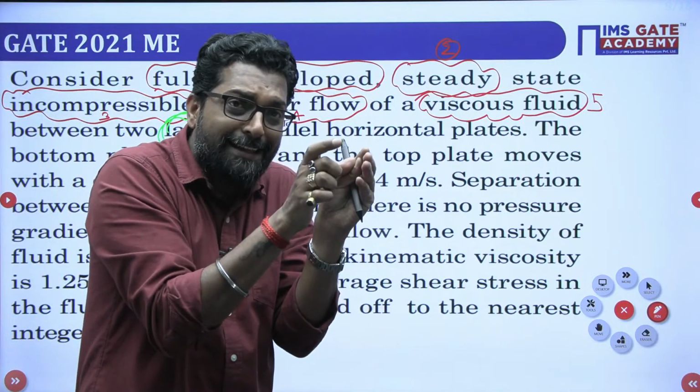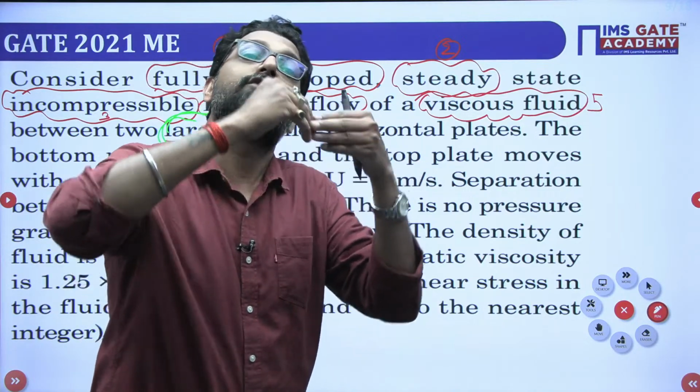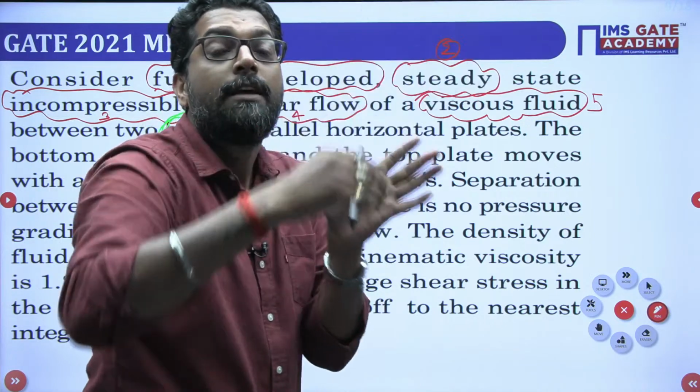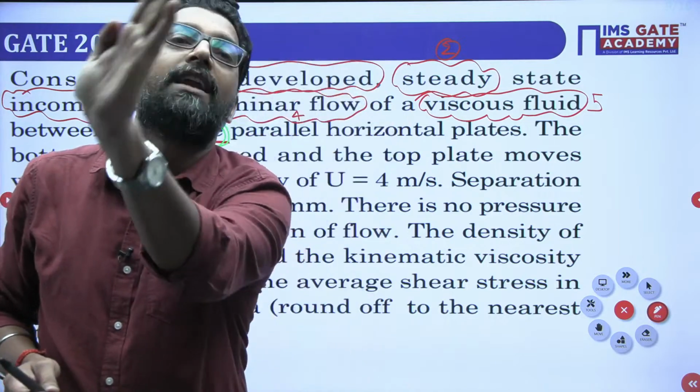In the entrance region, the velocity will vary. But after that the flow becomes hydrodynamically fully developed, which means there is no further change in velocity.